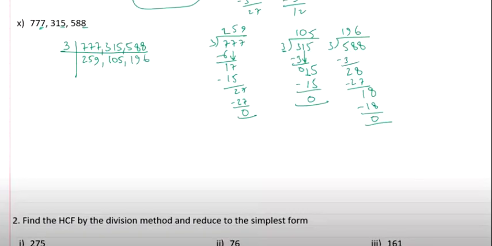For finding the factors further, check the test for divisibility by 2, 3 and ultimately you will get the numbers divisible by 7. So these three numbers are divisible by 7.